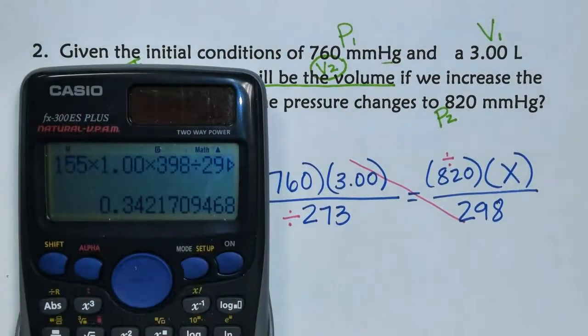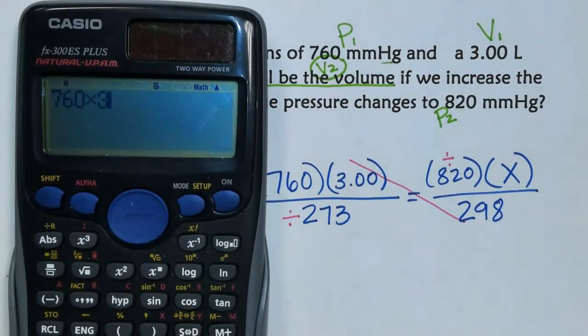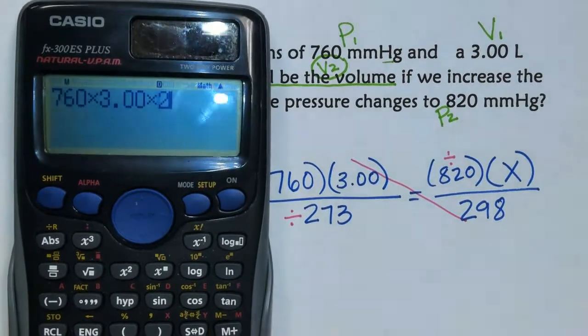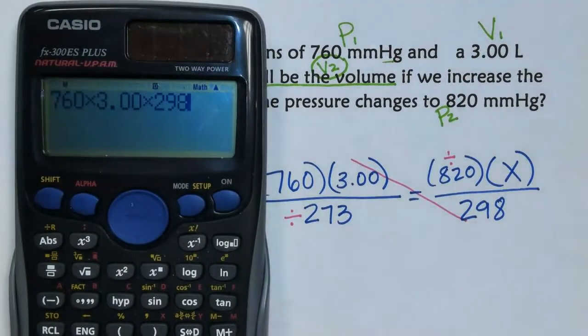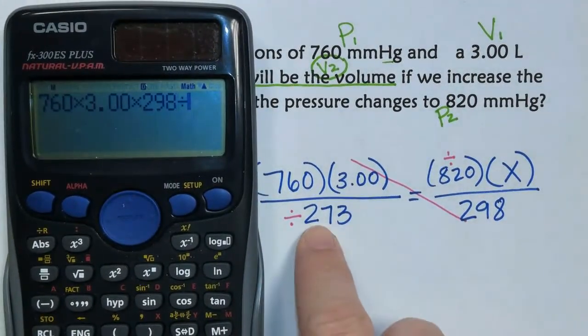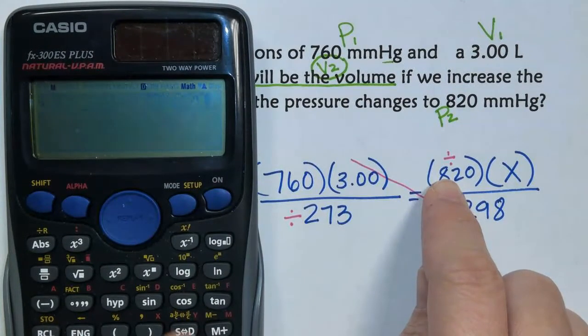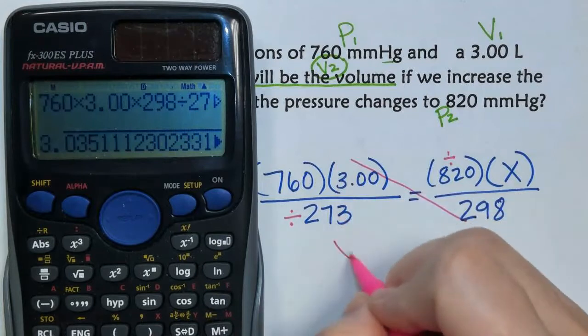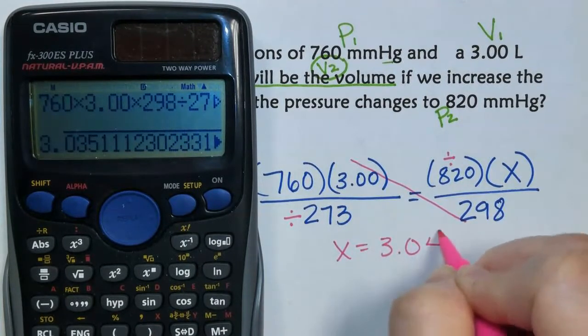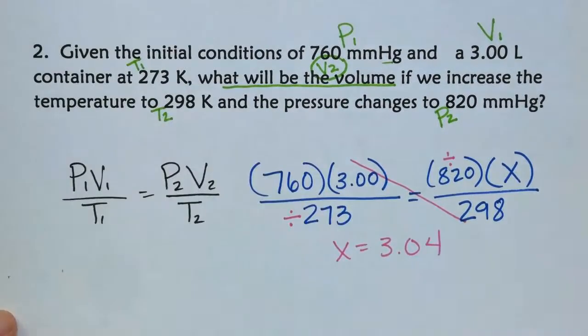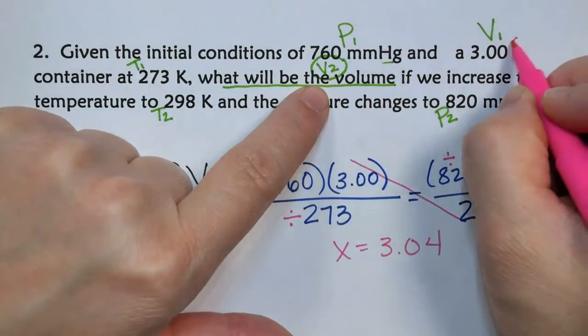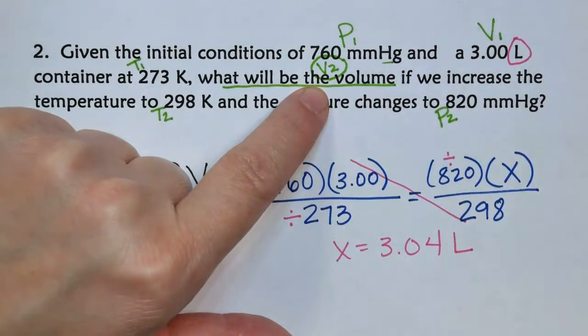So we'll type that in: 760 times 3.00 times 298, and that's going to be divided by 273 and then divided by 820. And we get X is equal to 3.04, and that is a volume, V2, so whatever V1's unit is, that is the unit of my answer.